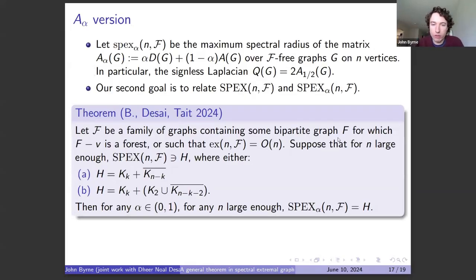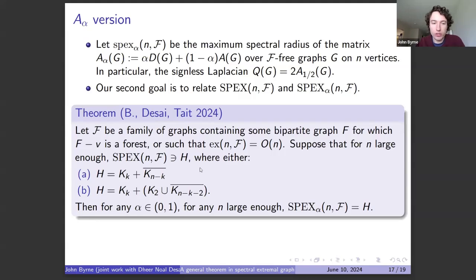This result looks slightly different from the spectral extremal result. Here we do not necessarily need that the forbidden family has a linear Turán number. It may instead be the case that you're forbidding some bipartite graph F for which you can delete a vertex from F to obtain a forest. For example, a cycle will satisfy this property.